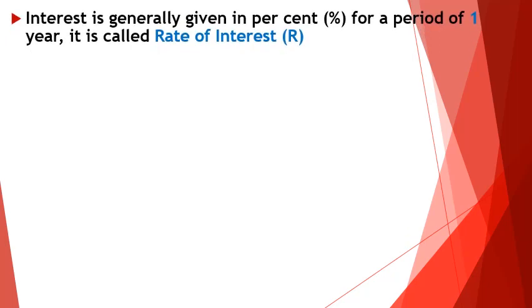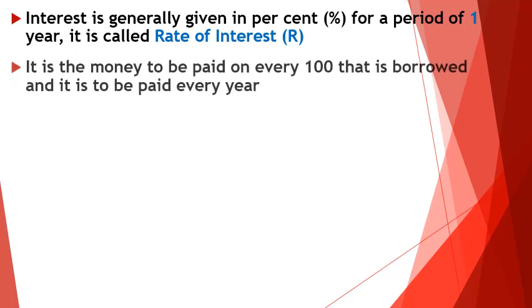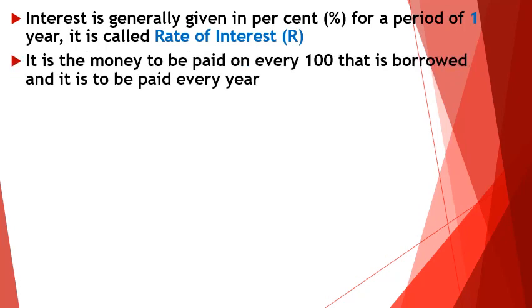Interest is generally given in percent for a period of 1 year. It is called rate of interest. That is, rate of interest is always in percentage. That means it is the money to be paid on every rupees 100 that is borrowed, and it is to be paid every year.